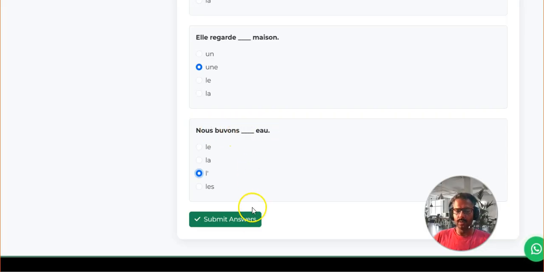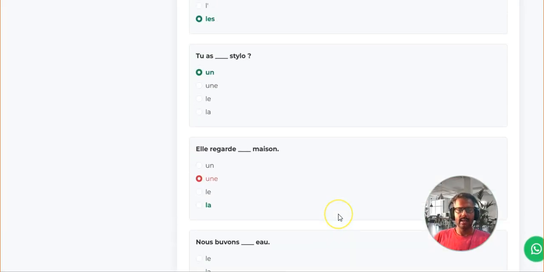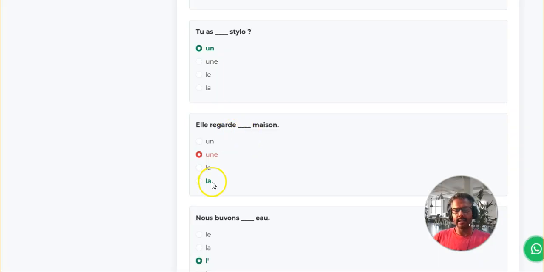Nous buvons l'eau. And let's check. So elle regarde la maison, but if I were to say une maison, that's totally fine. If we are specific about which home she's looking at, then we can say la, but if we don't know which home she looks at and whom the home belongs to, so une is totally fine.